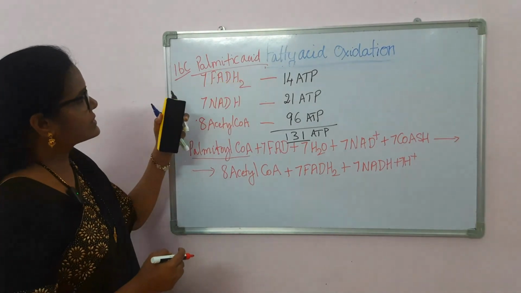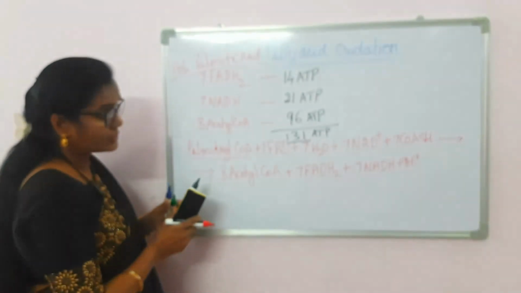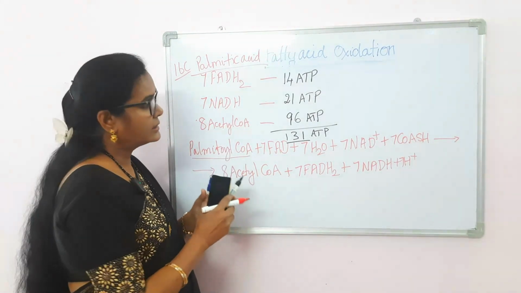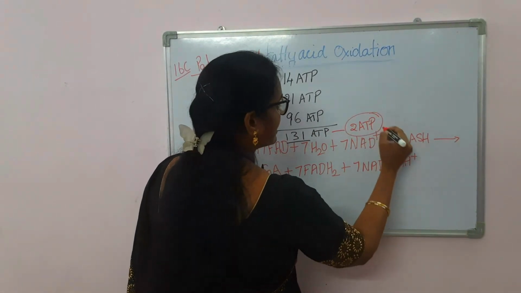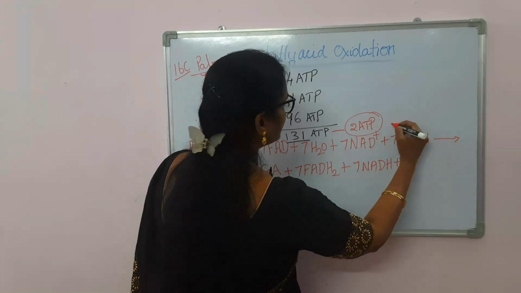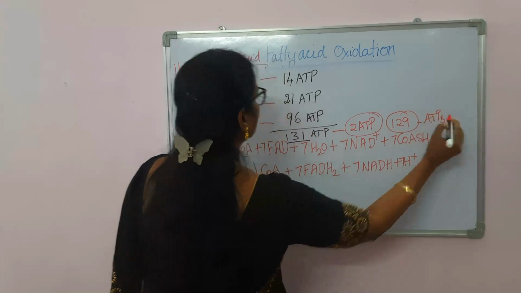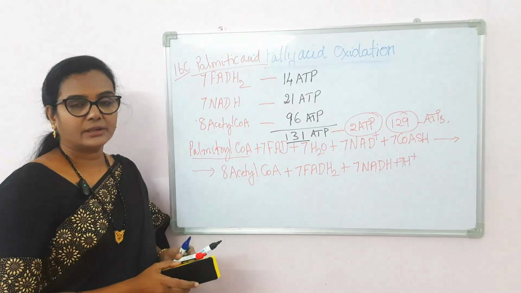But you should remember that in the first step, the activation of fatty acid, 2 ATPs are utilized. So if we subtract these 2 ATPs, we get 129 ATPs finally. So this is all about fatty acid oxidation. Thank you.